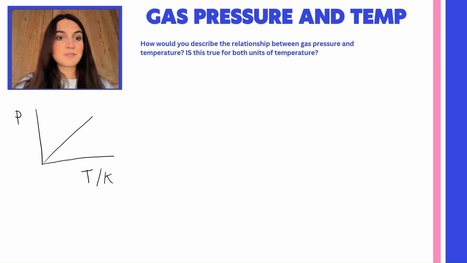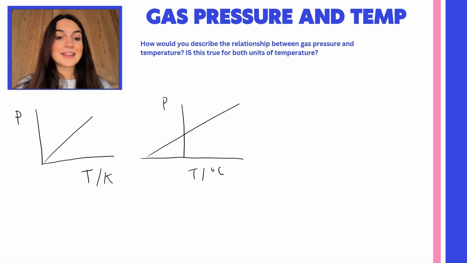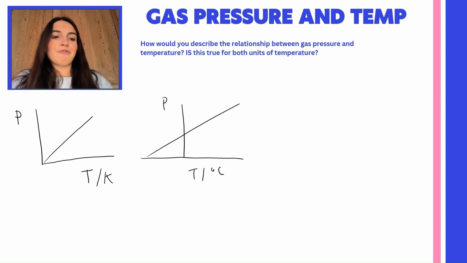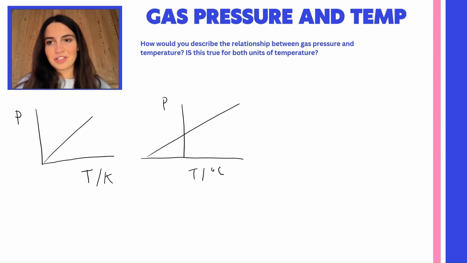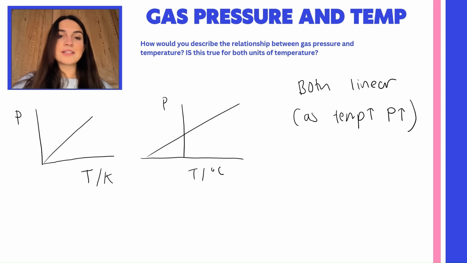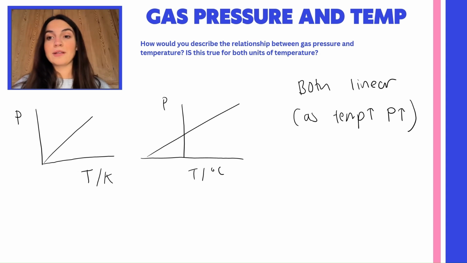We have this pressure temperature graph when our temperature is in Kelvin, and this pressure temperature graph when our temperature is in degrees Celsius. What I'm basically seeing from these graphs, and what I know about increasing the average kinetic energy of my particles when I increase the temperature, is that I get this linear relationship. As temperature increases, pressure also increases.